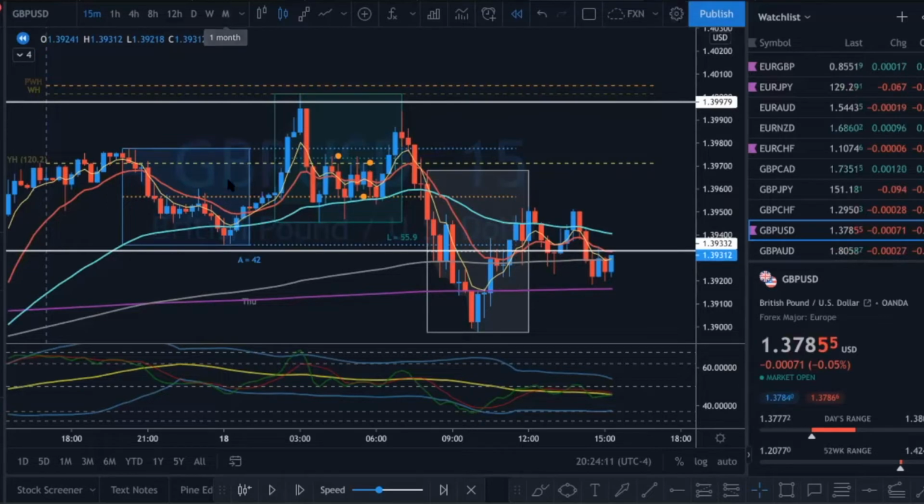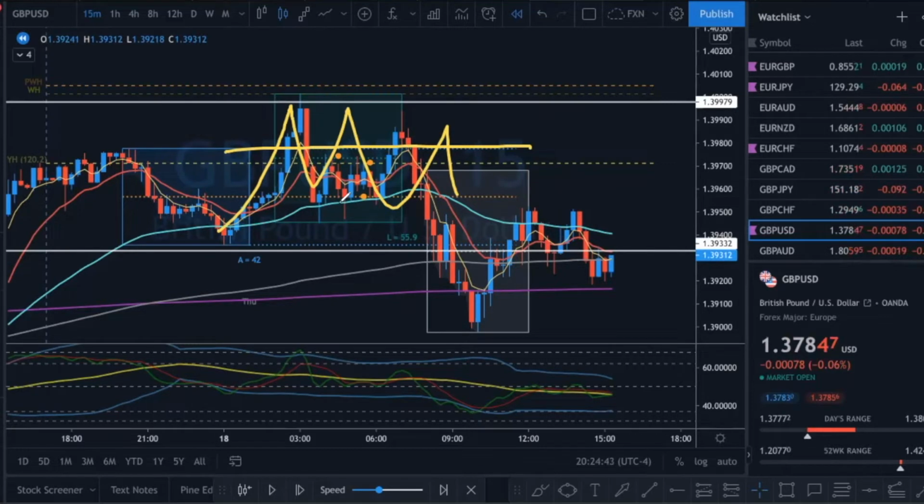If this was gold, for example, this little move here would be like 100 pips, whereas on pound USD it might only be 15. So something like this, right on top of the Asian high, you can still consider a type 2 trade, as long as you get the right trade setup, that's all that matters.